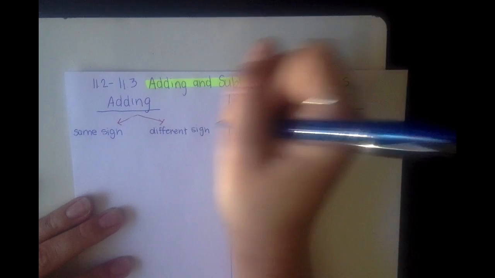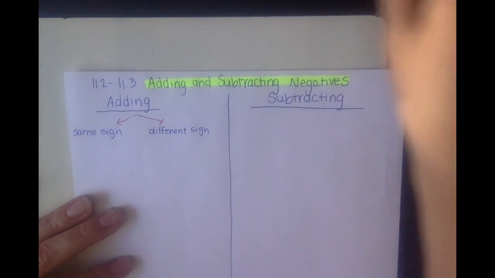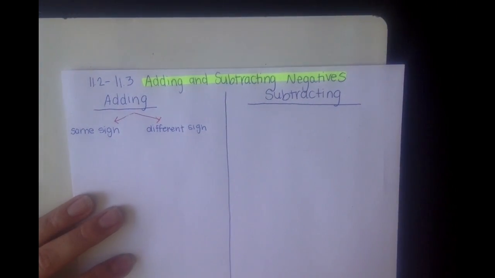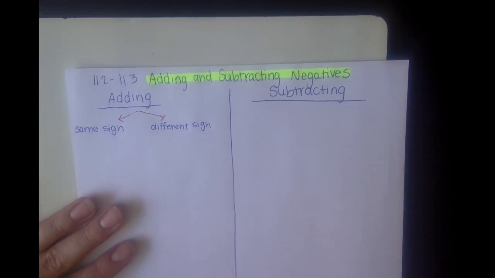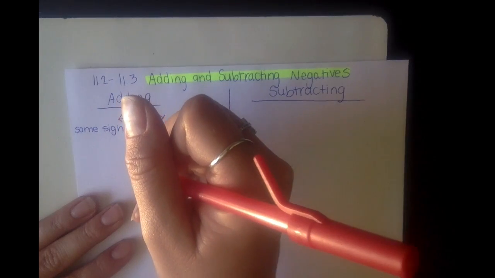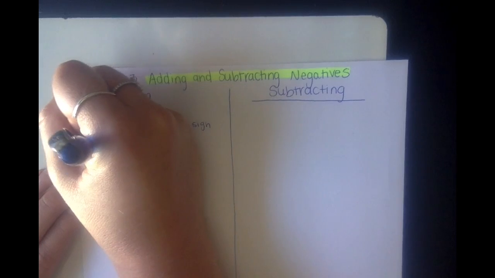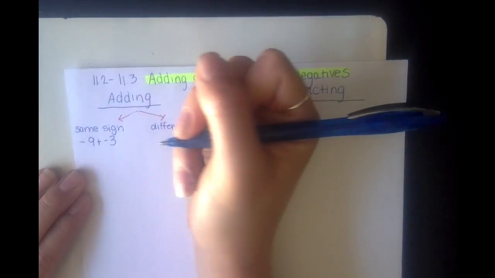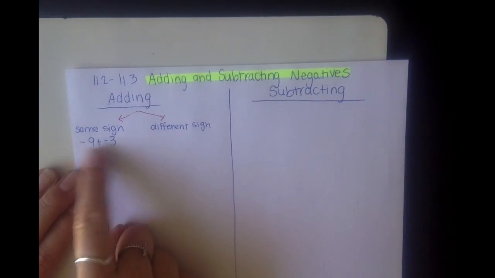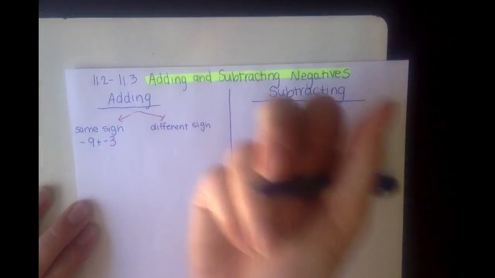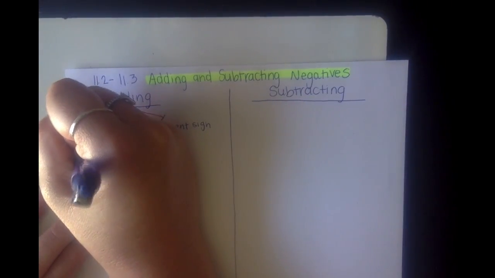You've been adding numbers with the same sign since kindergarten with positive numbers, but if I want to add -9 plus -3, these have the same sign, they're both negative.